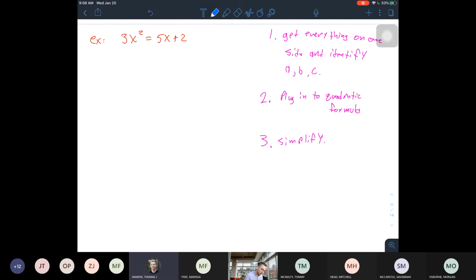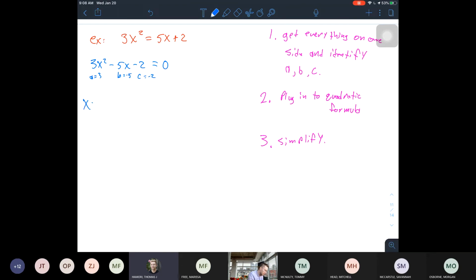Okay, so let's get everything on one side here. We've got 3x squared, move the 5x over, move the 2 over. That's equal to 0. And these are going to be our a, b, and c. So a is equal to 3, b is equal to -5, and c is equal to -2.